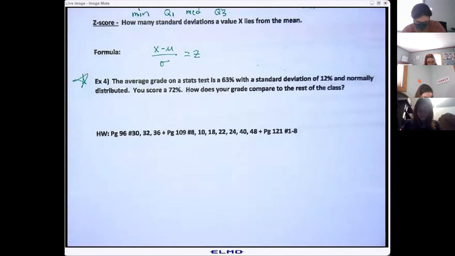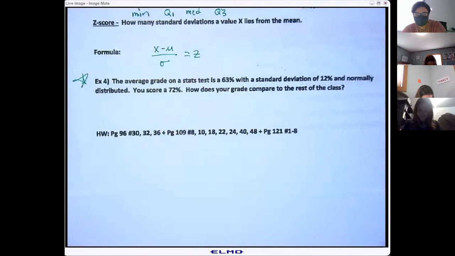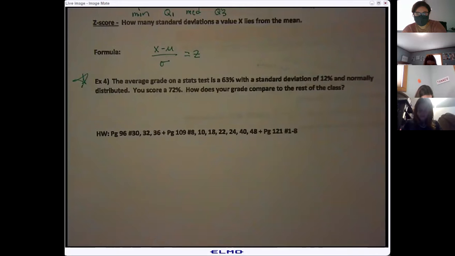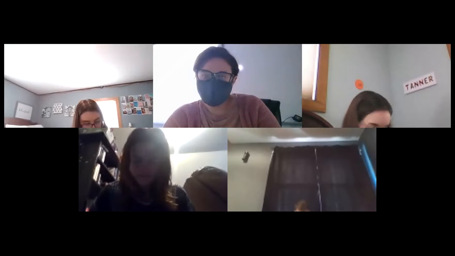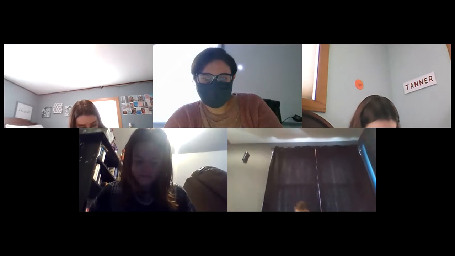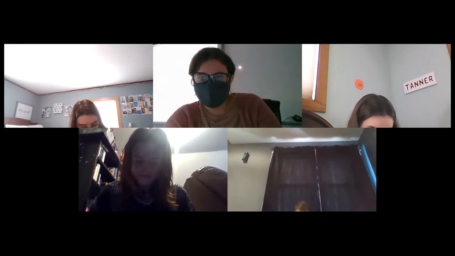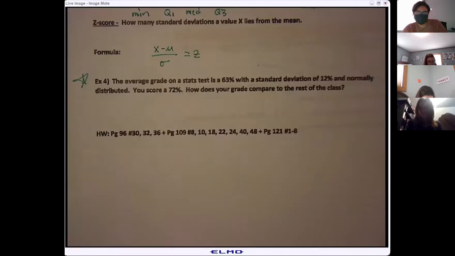Page 62. There's no reason to resubmit if you already submitted page 62.